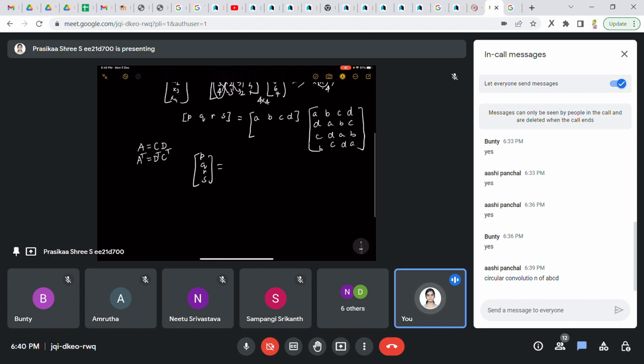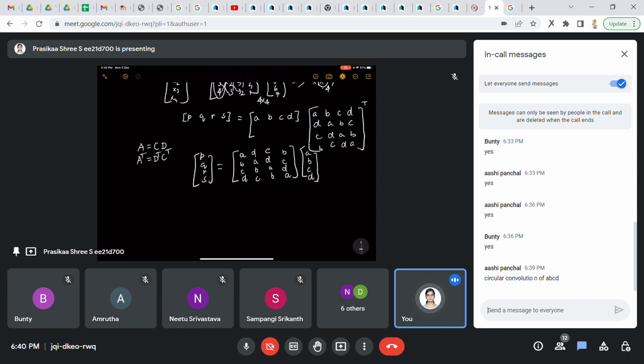So take the transpose. You need to take the transpose of this and write it here. A, B, C, D, D, A, B, C, C, D, A, B, B, C, D, A, and then you should take the transpose and write it here.